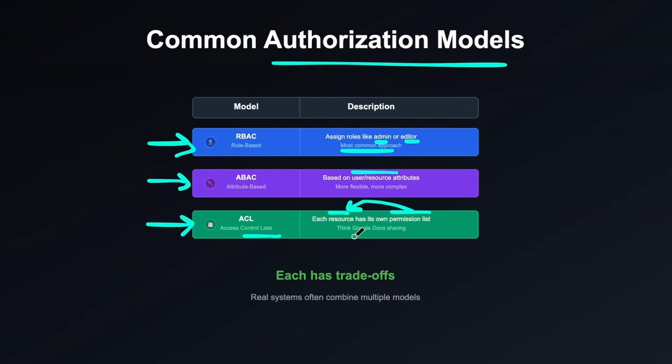For example, this is a common way of managing Google Docs, and we will look at this in more detail now. And each of these models has its trade-offs, pros and cons. So this depends on the specific system requirements, but real systems often combine multiple models together to have a more complex and more secure setup.